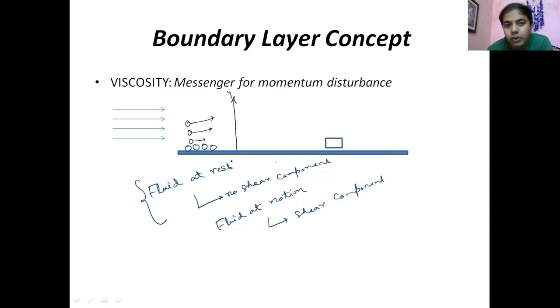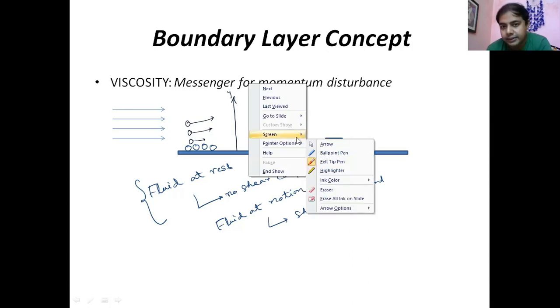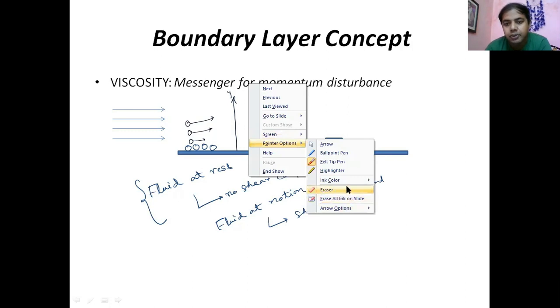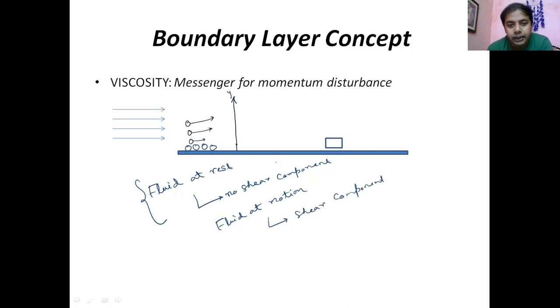In this way, if you go along the y direction, you can see the velocity increasing up to a certain thickness. This layer has some velocity, the further layer slightly more. In this way, from one layer to another, the velocity is increasing.